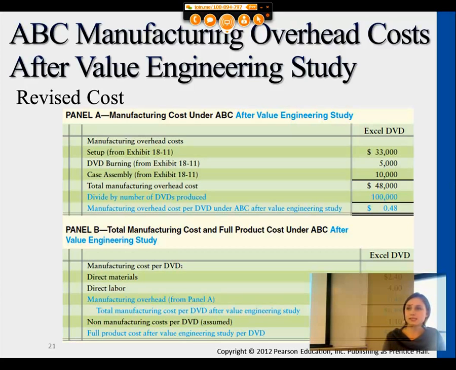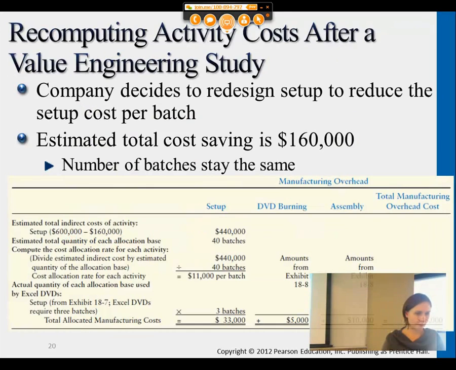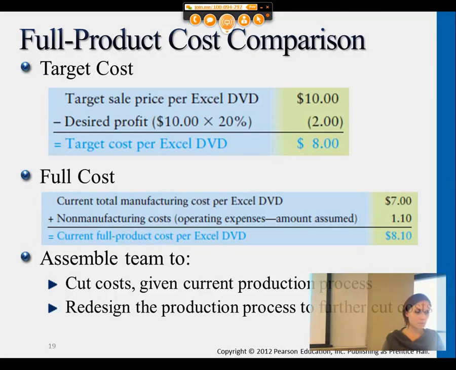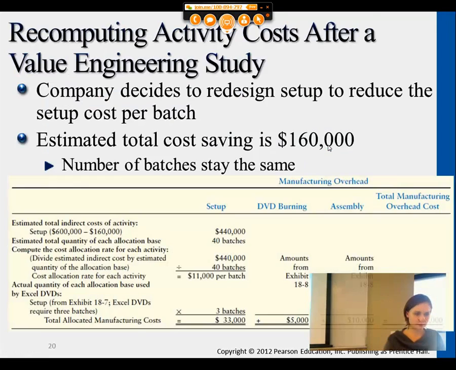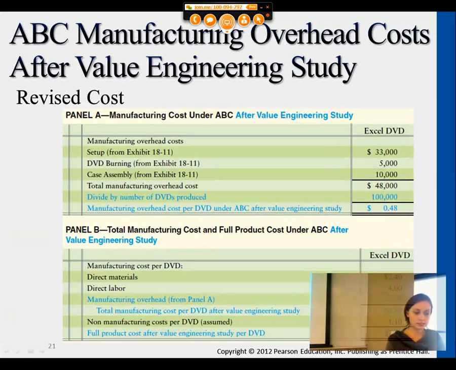It means that it's less than my targeted production cost of $8. You remember that target cost of $8? I just calculated $7.98. It costs me 2 cents less to produce.